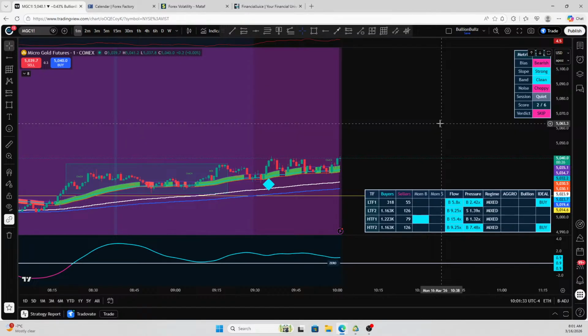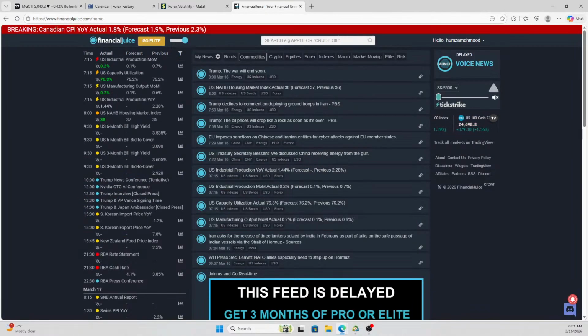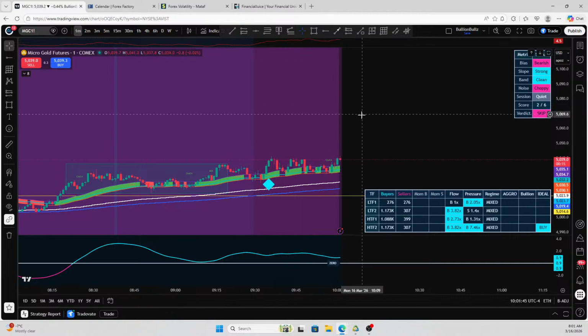But if we gain momentum, or there's some news, if we go to financial juice and we see the war will end soon, that could be the reason the market has just started moving again.